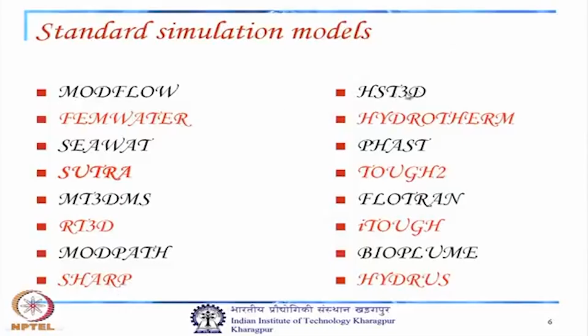Then HST3D, this also includes the heat transport part. Other models that can be named here are HYDROTHERM, FAST, which also includes the chemical reaction part, TOUGH for flow through fractured media, FLOTRAN, ITOUGH, the inverse TOUGH, and BIOPLUME.